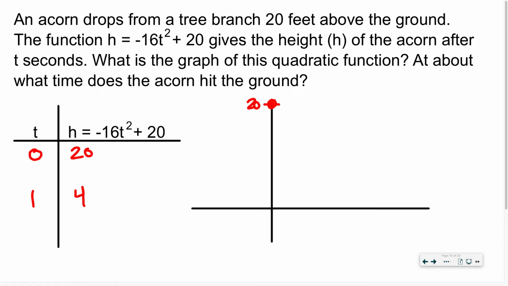But where am I multiplying a negative and a negative? We'll just talk about what you're substituting in. You're squaring 1, which is 1. You're multiplying by negative 16, so you're going to calculate negative 16 plus 20, which is 4. What if I had 2 seconds? Negative 48.